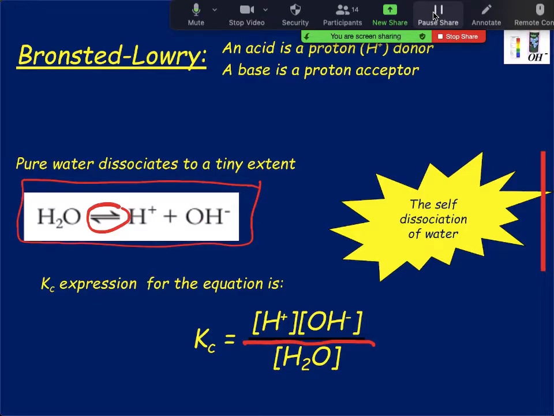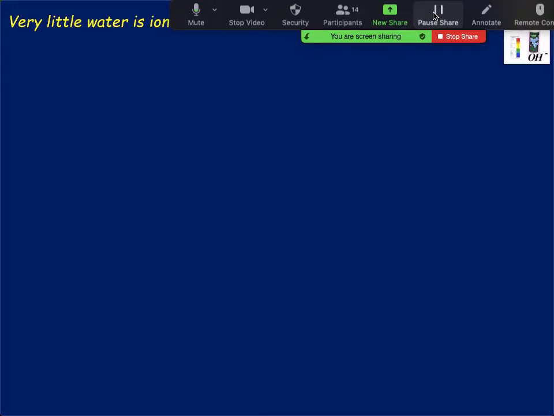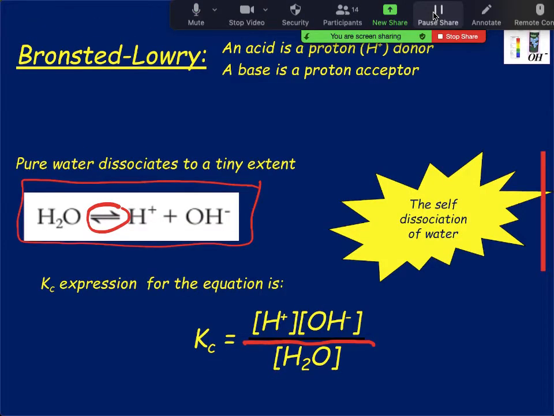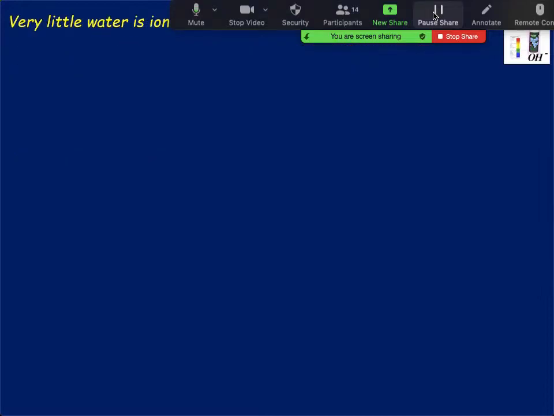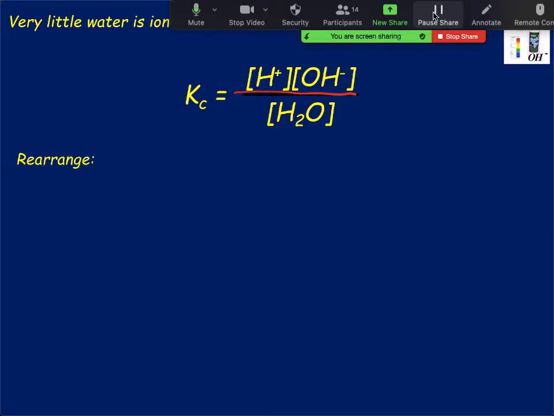So the rest of this now is just a little bit of manipulation. From that Kc, because water is a constant, they rearrange it to move water to the left-hand side. Because Kc is a constant, and now our water concentration is a constant.